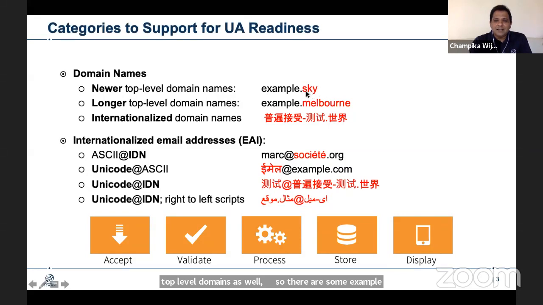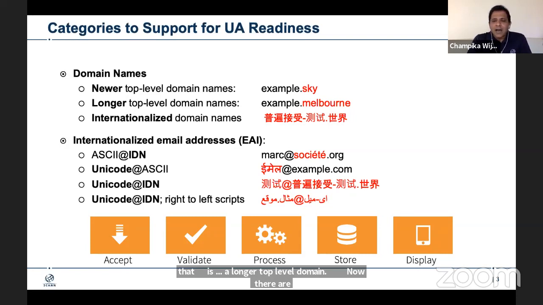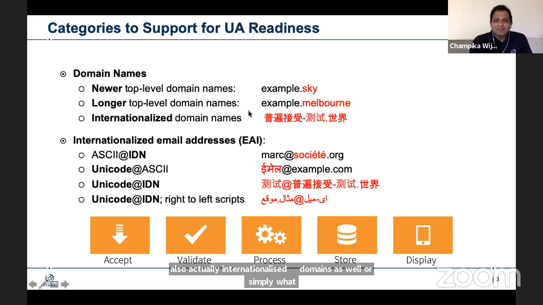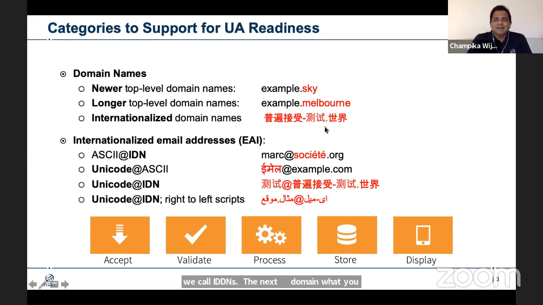There are some examples shown in the slide. For example, example.sky is a newer top-level domain, whereas example.melbourne is a longer top-level domain. Now, there are also internationalized domains, or simply what we call IDNs. The next domain you see here, which is written in Chinese characters, is an IDN. In case someone is new to IDN or EAI, I hope that's clear enough to define internationalized domain names.